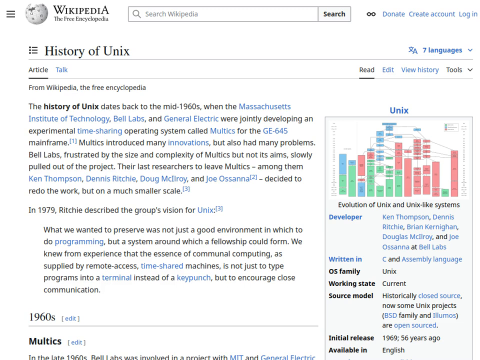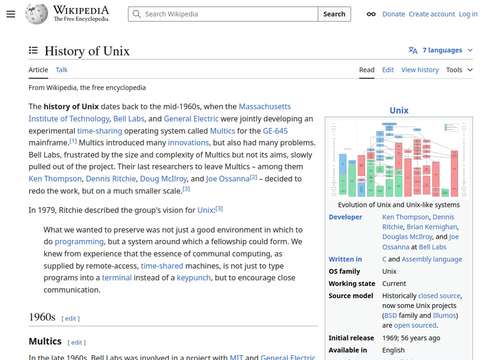Right. And with them went some key researchers: Ken Thompson, Dennis Ritchie, Doug McIlroy, Joe Ossanna. These names are going to keep coming up, right? So what was their thinking after the Multics experience? Their time with Multics, while it wasn't a smashing success, did clarify what they didn't want in an operating system.